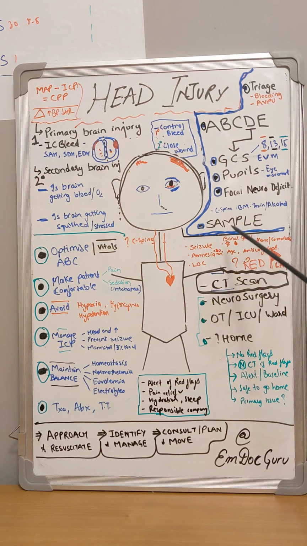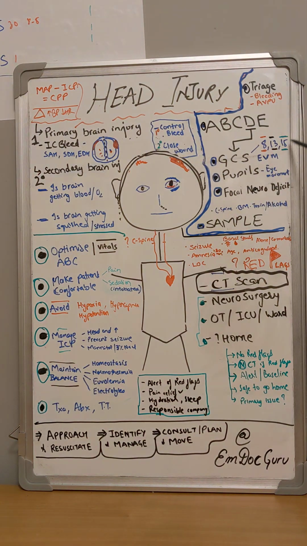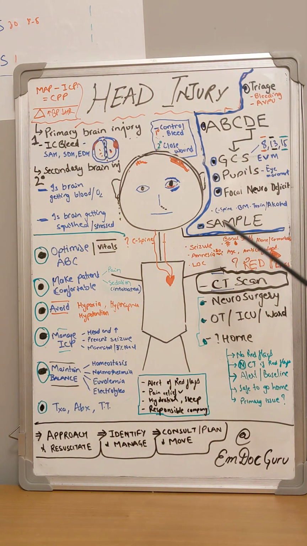The next thing is to determine if this patient is a candidate for a CT scan or not. Now, if someone has suffered a head wound but is alert and talking, all fine, then you would be thinking, should I scan or should I not? So that is where the red flags of head injury help us.